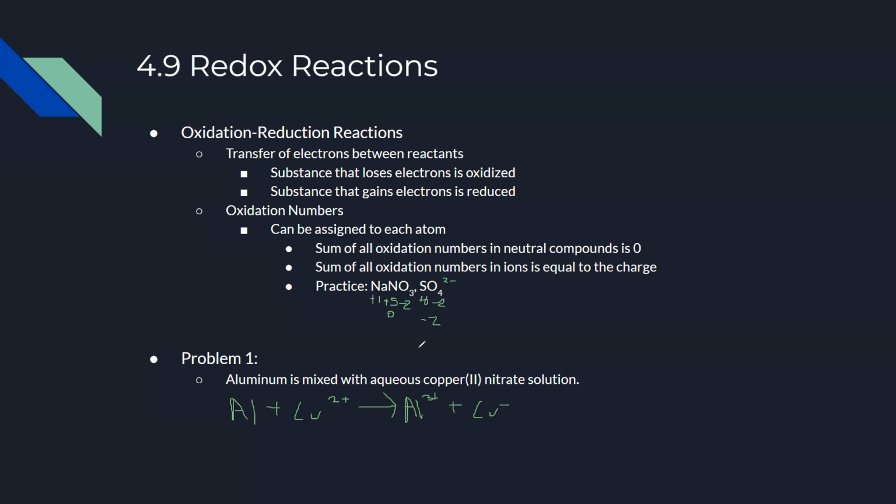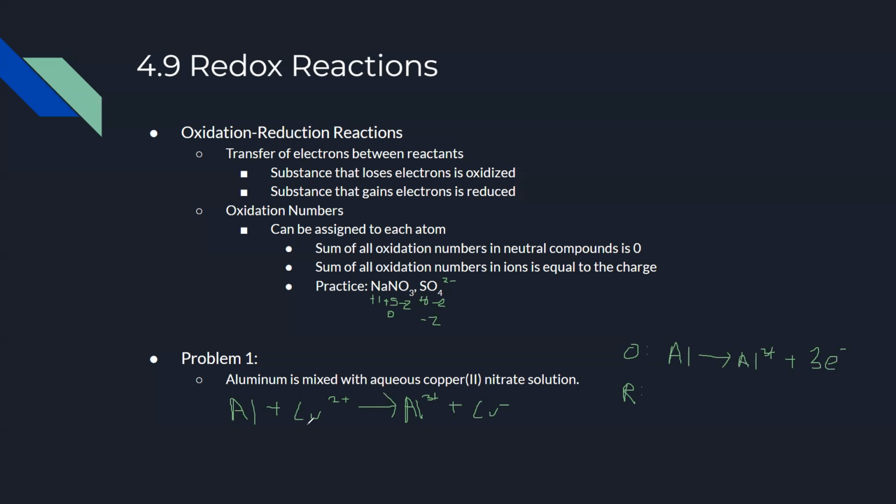The substance that's losing electrons is getting oxidized. So Al is losing electrons. Let's do O and then R. So Al becomes Al3 plus plus 3 electrons.